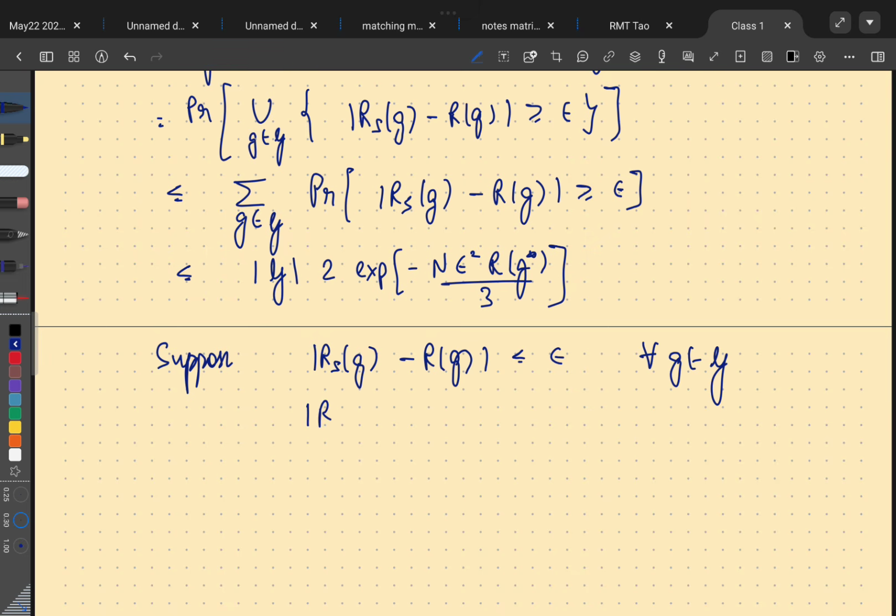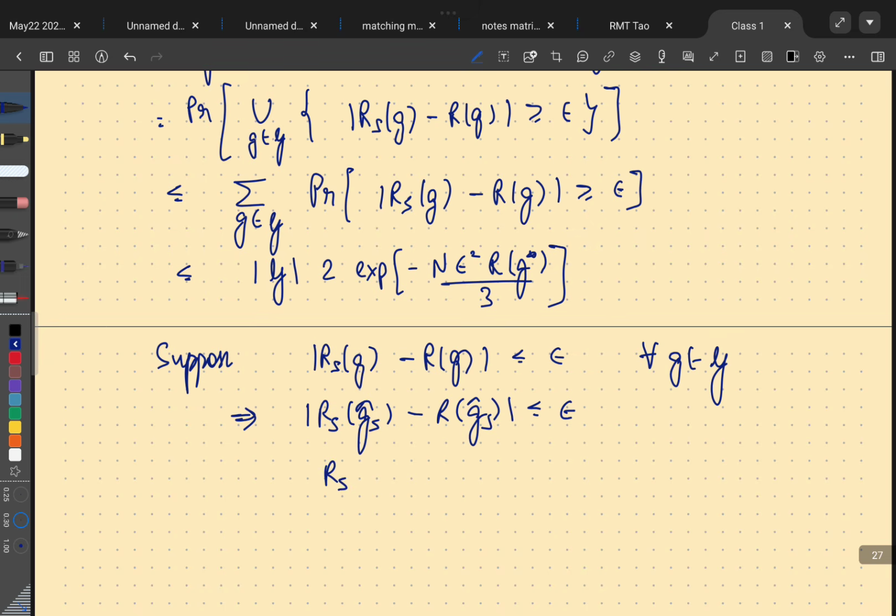Now what can you say about GS hat? It should be less than or equal to epsilon, because after all GS hat is some function from this class, and I'm telling you that it holds true for every function in this class. So this much I know.